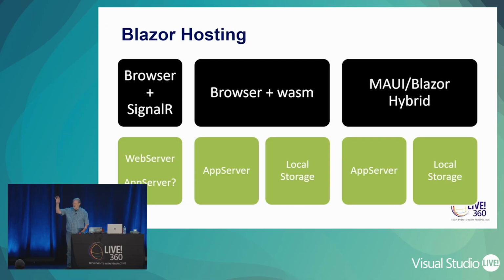Or your code can run in WebAssembly, actually in the browser on the client device, which is pretty cool. And starting with Blazor 8, there's actually a thing called interactive auto, which is a render mode that will graduate smoothly from the server model to the WebAssembly model. So that's all pretty cool.